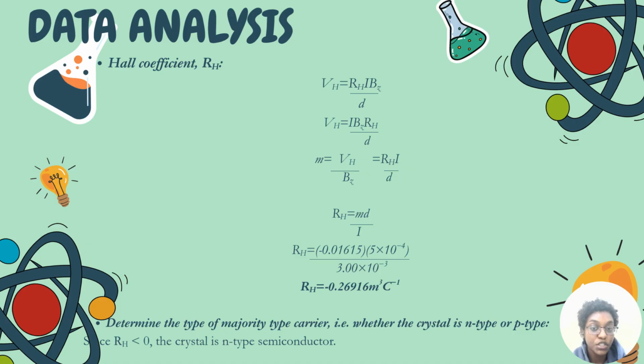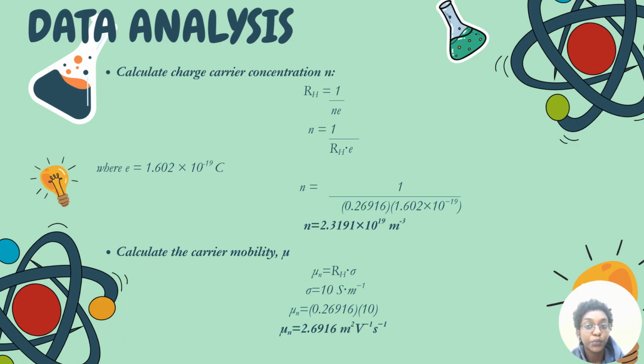We got this equation, and from that we got the RH, and this RH helped us determine the majority type carrier, whether the crystal is N-type or P-type, and since the RH is less than 0, that means it's an N-type crystal.